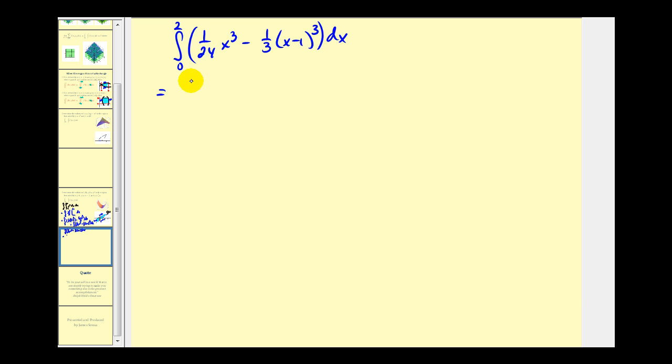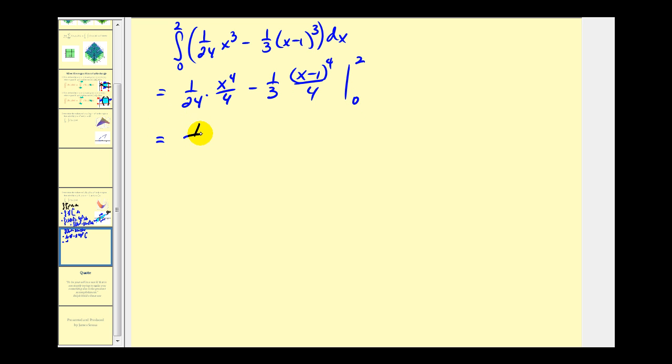So here we're going to have 1/24 times x to the fourth over 4 minus 1/3 times (x minus 1) to the fourth all over 4, when you evaluate this at 2 and 0. Let's go ahead and clean this up one more time, and then we'll perform the substitution.